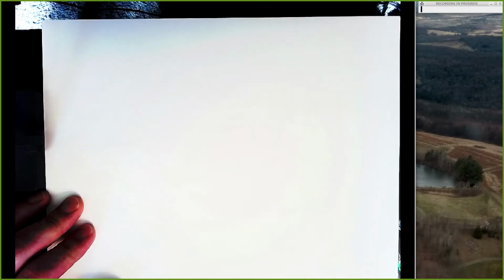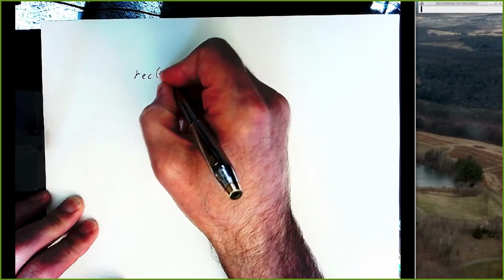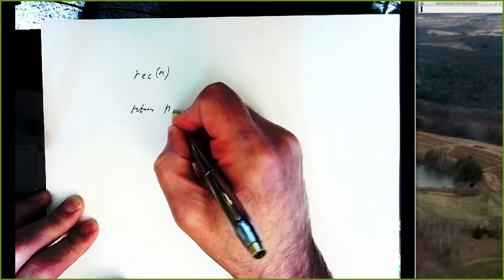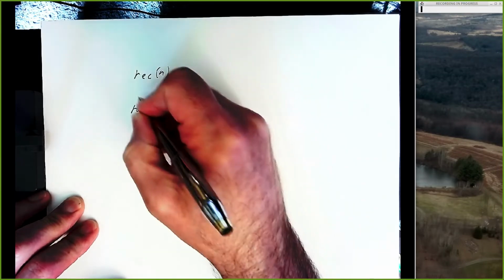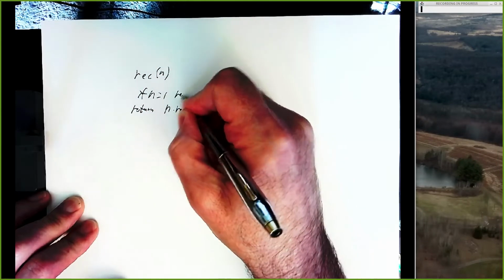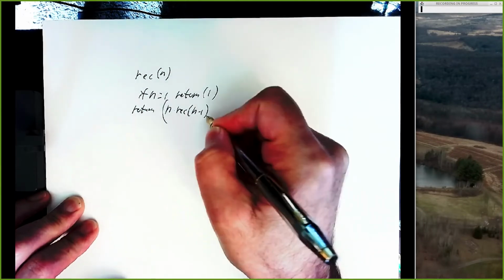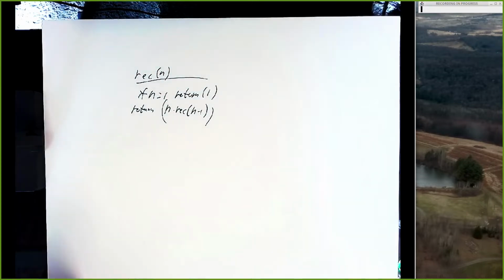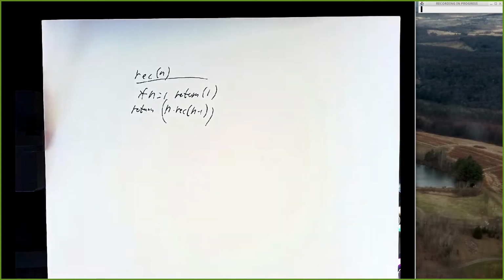I basically created a method called rec, passed in n, and said that equals n times rec of n minus 1, and then if n equals 1, return 1. Cool. So if n equals 1, return 1. Otherwise, return n times rec of n minus 1. That's a good recursive version of a factorial.